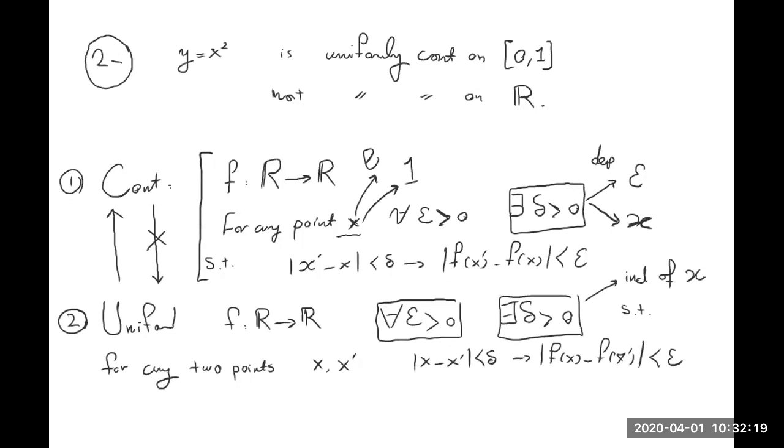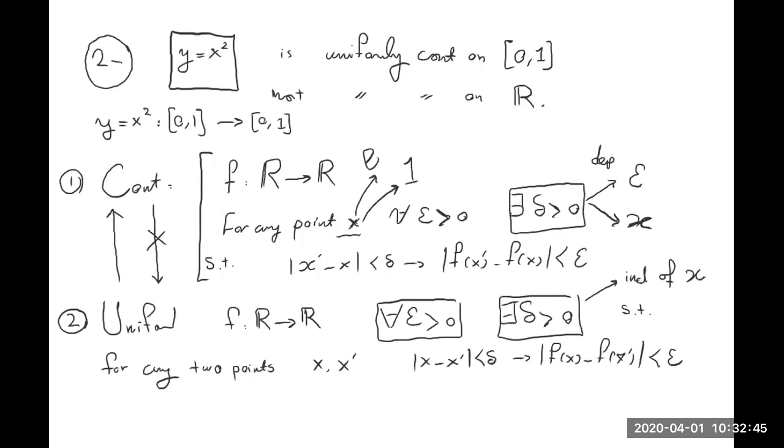So now we know y equals x squared is continuous. If you think about y equals x squared as a function defined only on this interval, 0 to 1 as the domain, the range is also going to be 0 to 1.